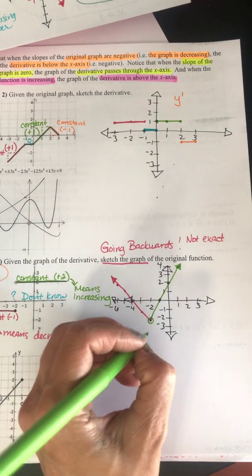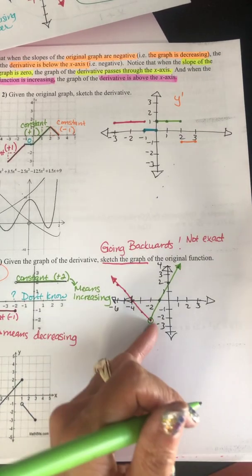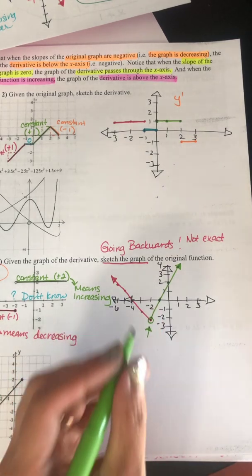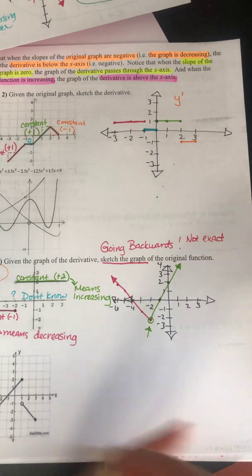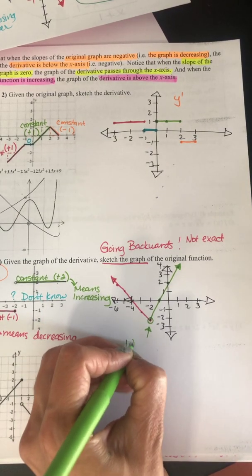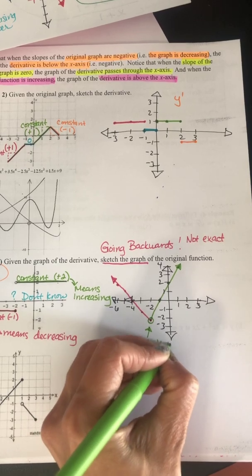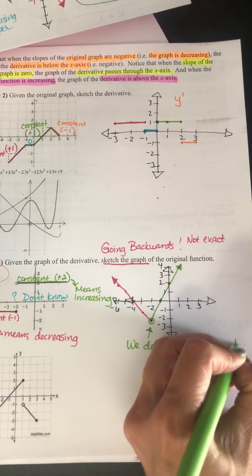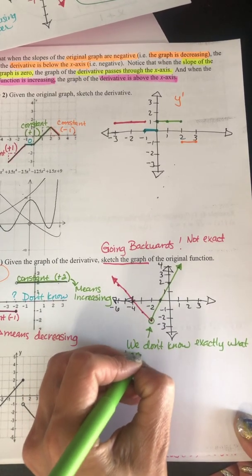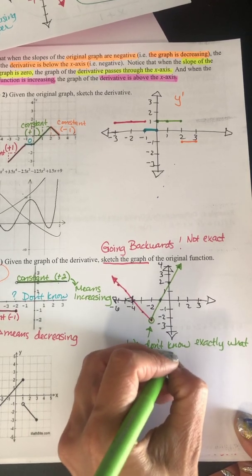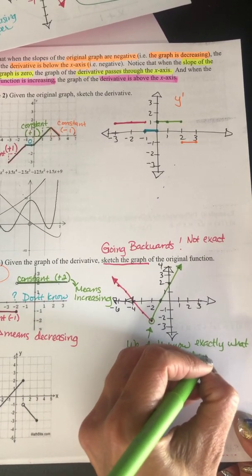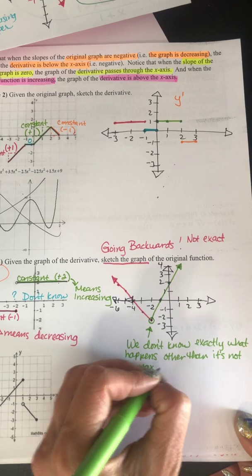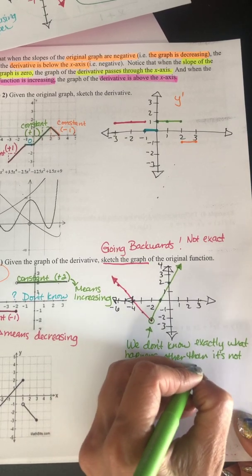Okay, so I do want to point out right here, since this is our little switch point, it's not a turn, because we don't know exactly what happens there, other than it's not a max or min point.